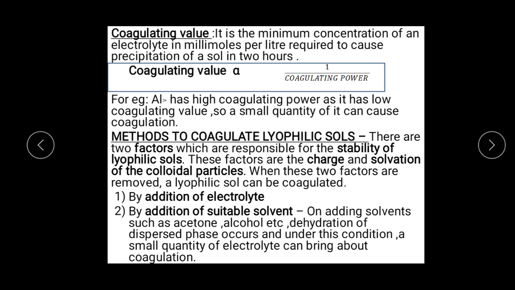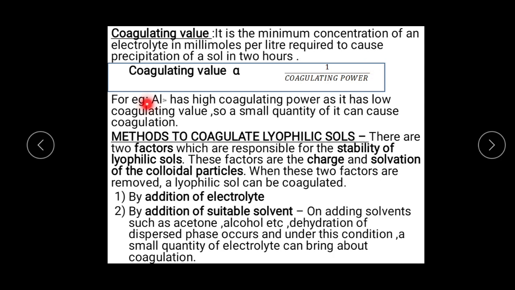Now we have the next one, coagulating value. It is the minimum concentration of an electrolyte in millimoles per liter required to cause precipitation of a sol in 2 hours. This is the definition of coagulating value, and you have to remember coagulating value is the inverse of coagulating power. Now what does it mean?